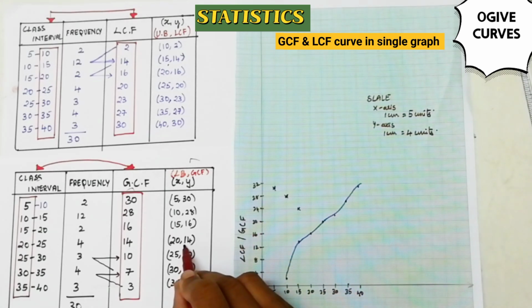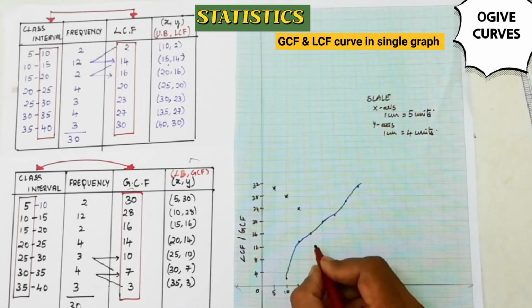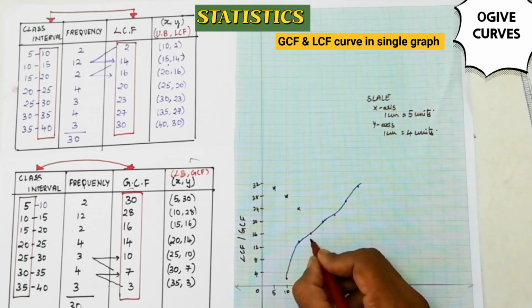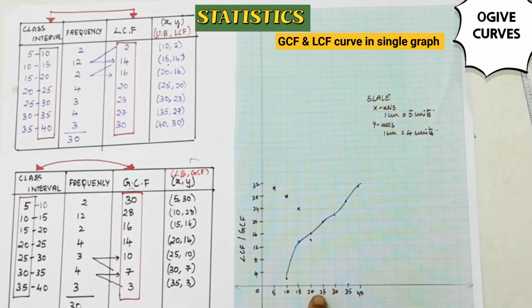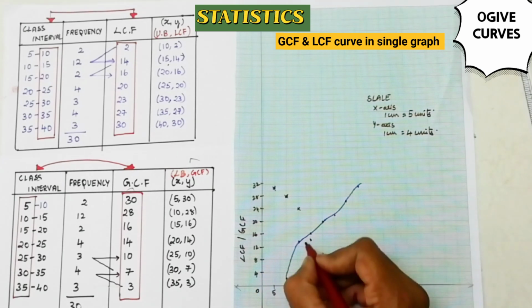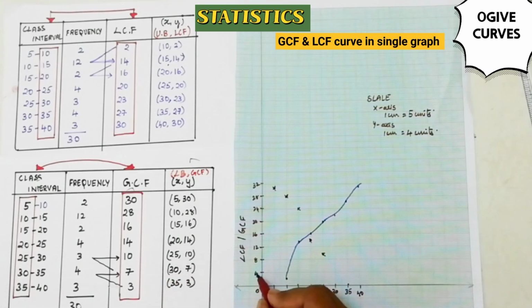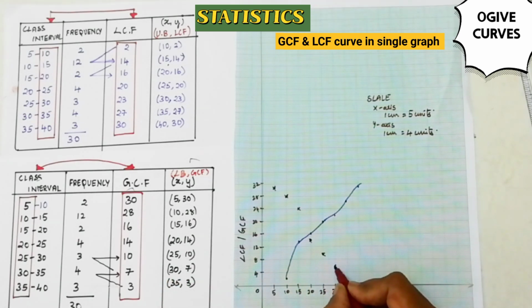So we are going to plot 20, 14. 14 comes here in between 12 and 16. So we take it here. Then next 25, 10. 10 comes somewhere here. 37. 7 is in between 4 and 8. 35, 3.